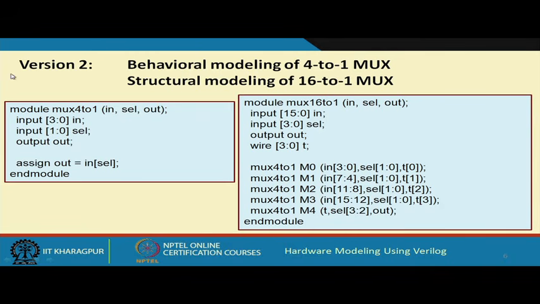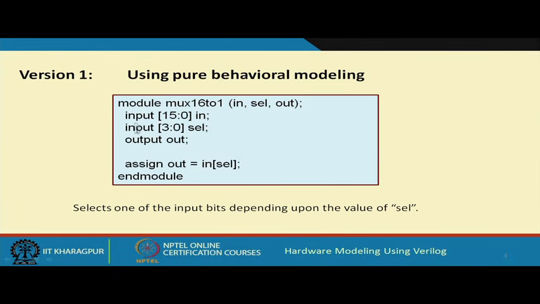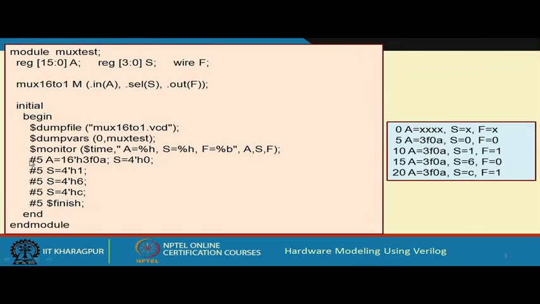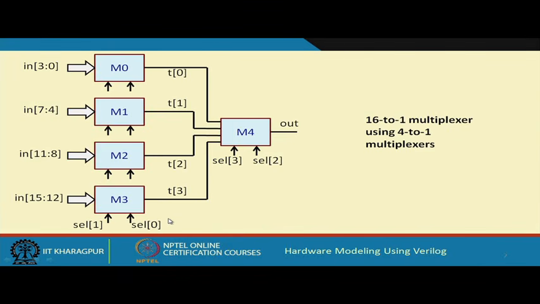So, we come to version 2 now. In version 1 we did something like this, we had a mux 16:1. Now, here what we are doing, this is our mux 16:1 description. Before explaining this, let me show you this diagram. We are implementing a 16:1 multiplexer by using 5 4:1 multiplexers.